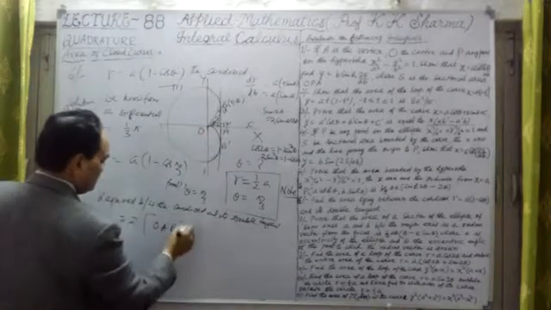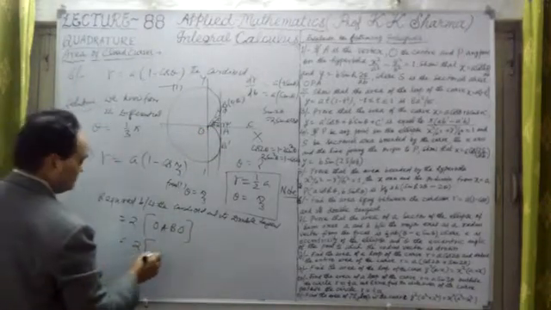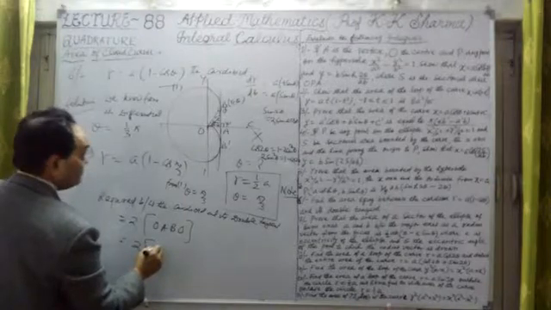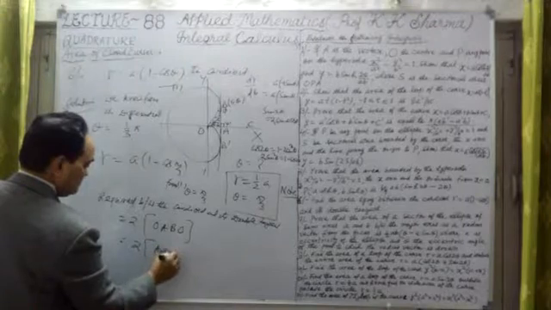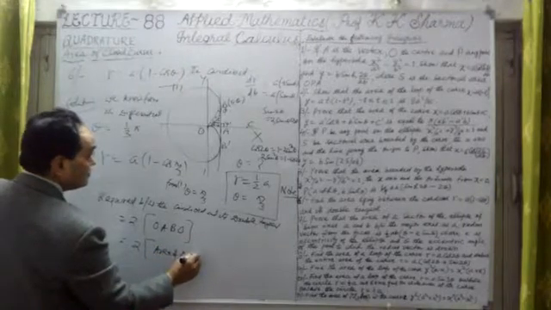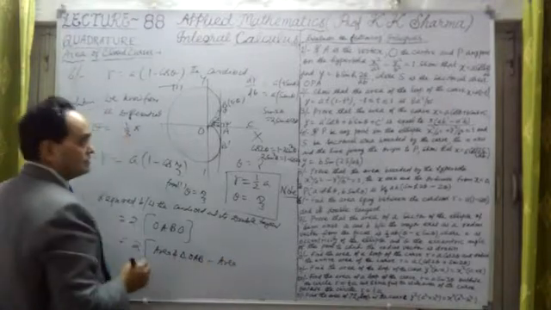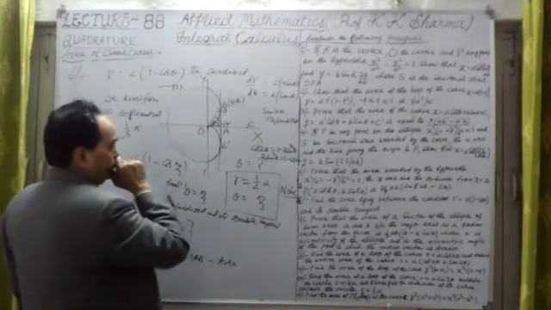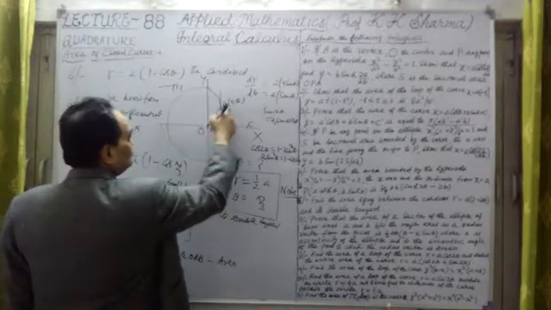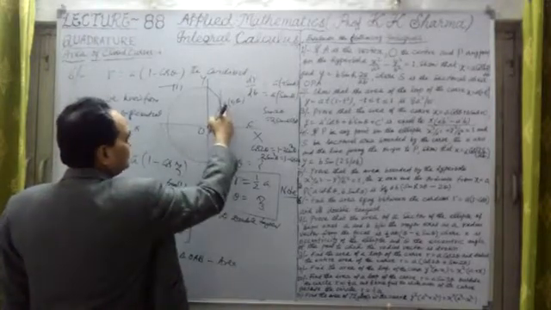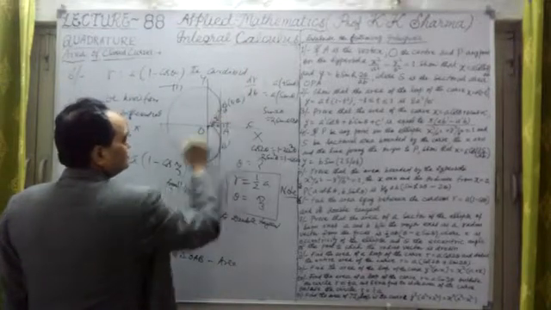This is the area, which is equal to twice of area of triangle OAB minus area OCBO, or let me take here point C, OCBO.